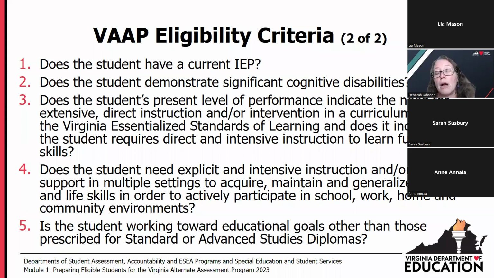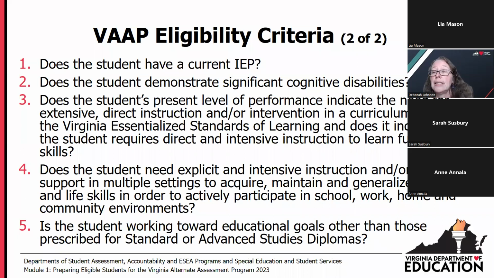Does the student's present level of performance indicate the need for extensive direct instruction and/or intervention in a curriculum that is based on what we call the Virginia Essentialized Standards of Learning, or the VSALs? The present level of performance should also indicate that the student requires direct and intensive instruction to learn those functional life skills.